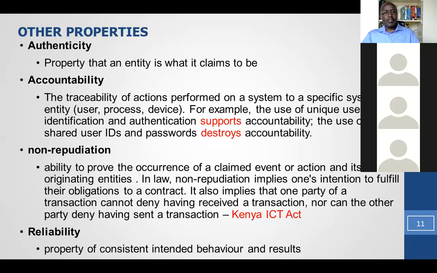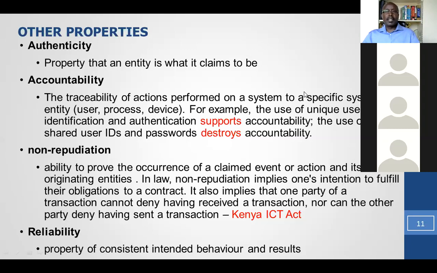Other properties that you want to be looking at in information security are these. Authenticity: being able to verify that an entity is what it claims to be. In authenticity, we are basically looking at issues to do with authentication and use of passwords and all that. Then we have accountability: the ability to trace actions performed on a system to a specific entity or user.